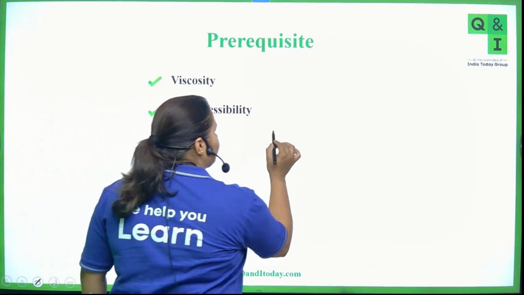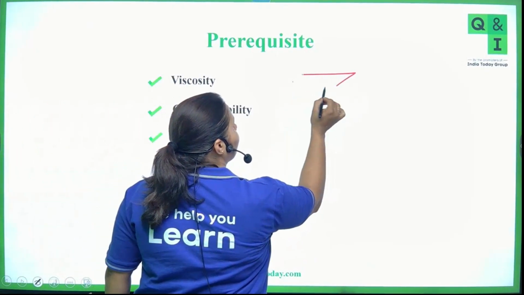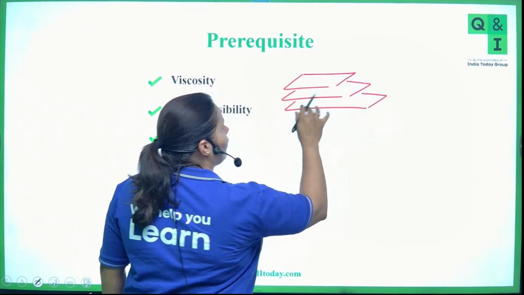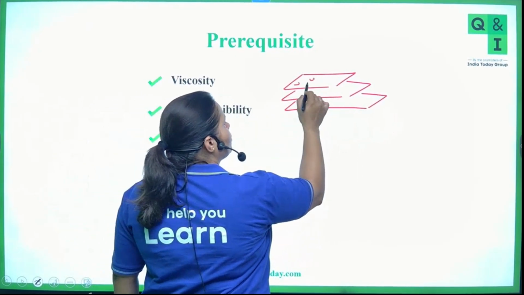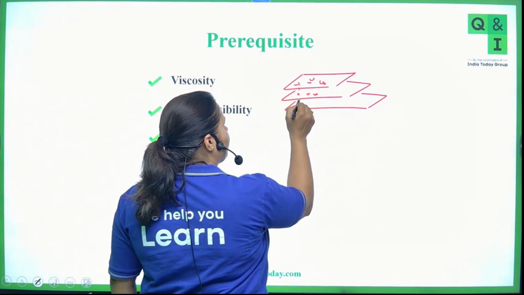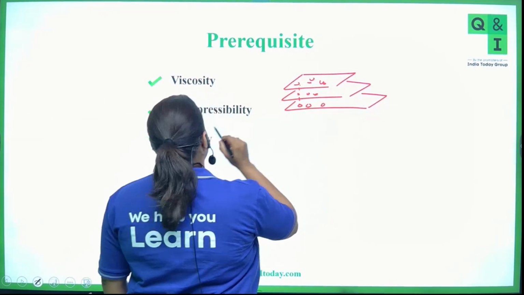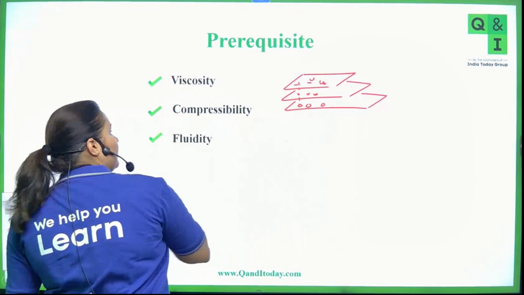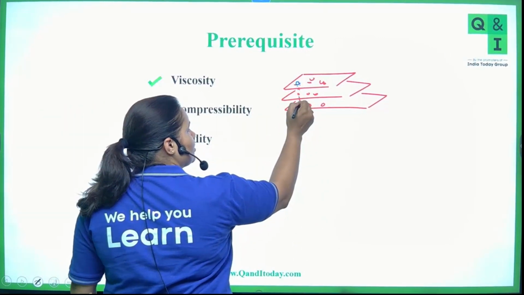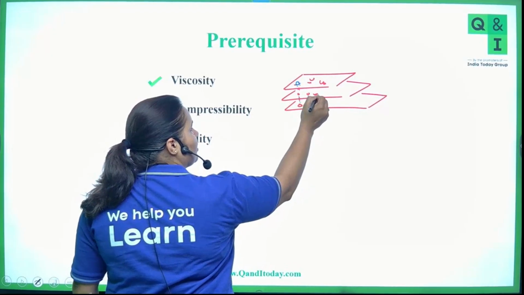When something flows, it flows in the form of layers, right? So there are different layers of the particles of the liquid. What happens is there will be forces of attraction between the particles of different layers. I can show it with a different color here. The particle here has intermolecular forces of attraction with the particles in the other layer.